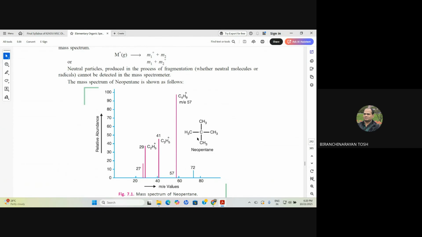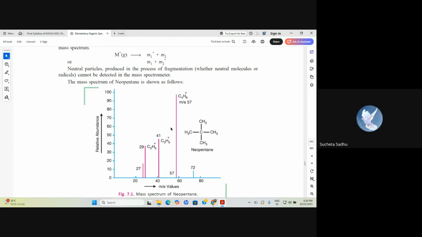If it cleaves heterolytically, CH3 minus will be there and you will get C4H9 plus. The relative abundance of this ion will be maximum, so this will be my base peak.